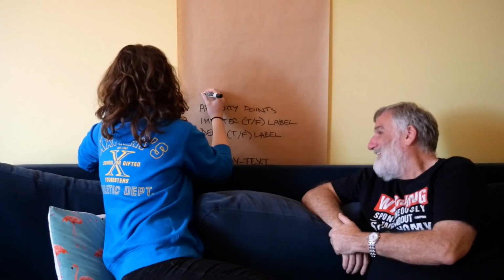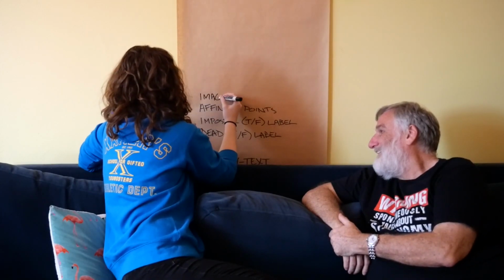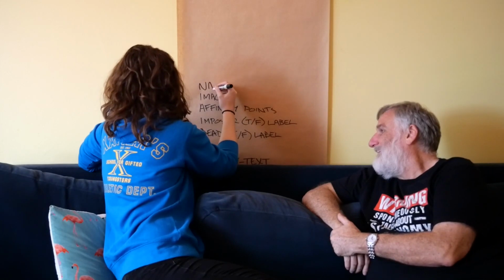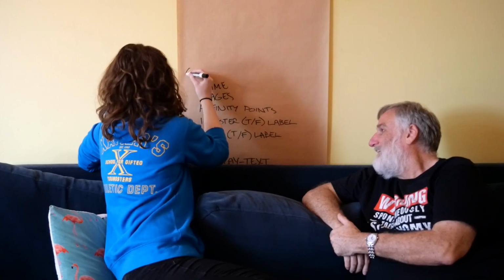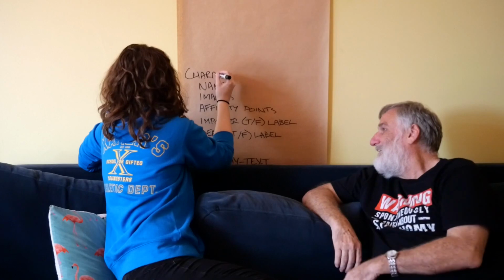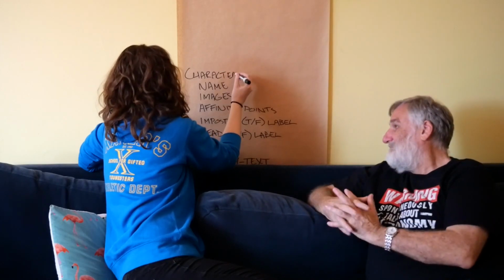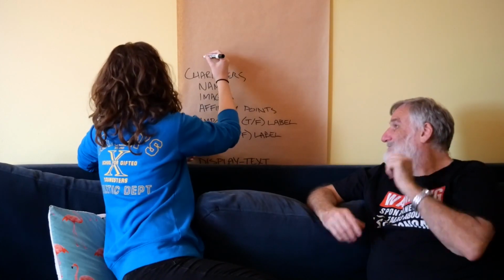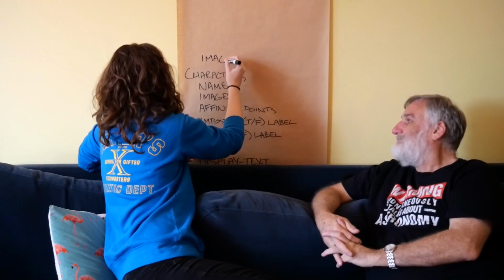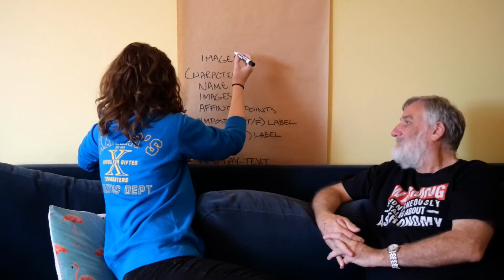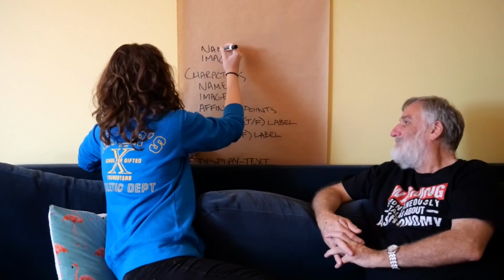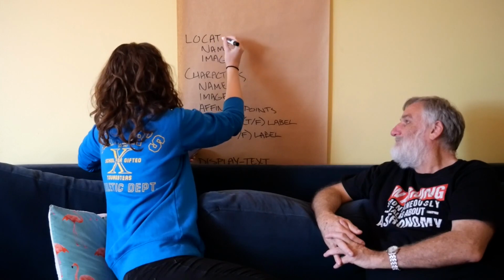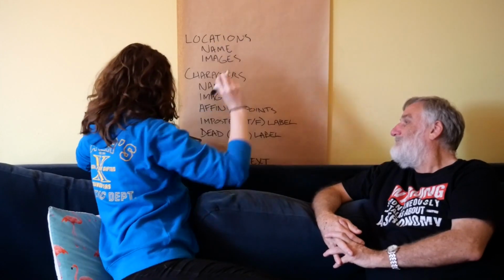Affinity points, they have images, eventually, and they have a name. And then locations also have images and also have a name, but don't really do anything mechanically. That's what I got.